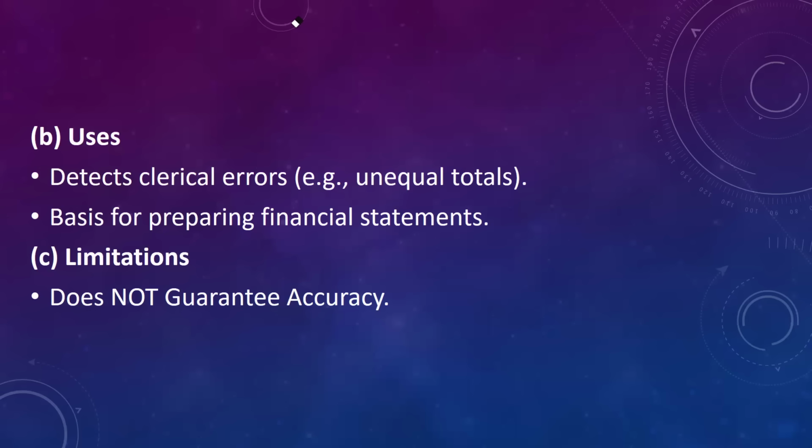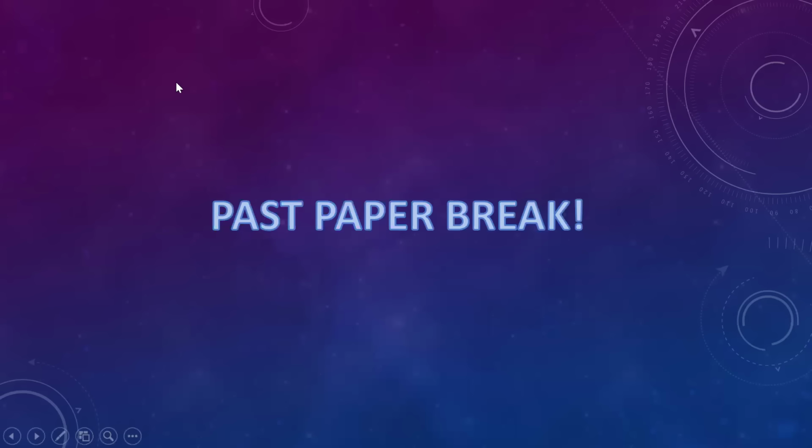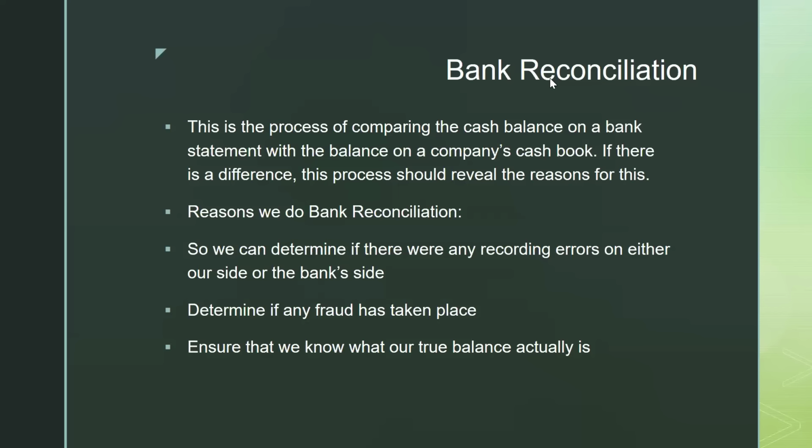And now we go to another past paper. So control systems are systems put in place to reduce and detect errors. When it comes to control systems, there's three things you have to look at: errors and a suspense account, control accounts, and bank reconciliation.